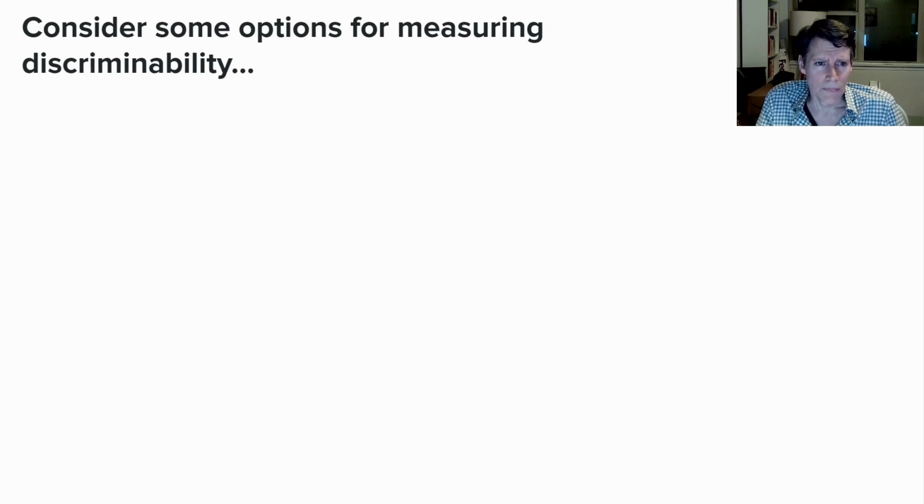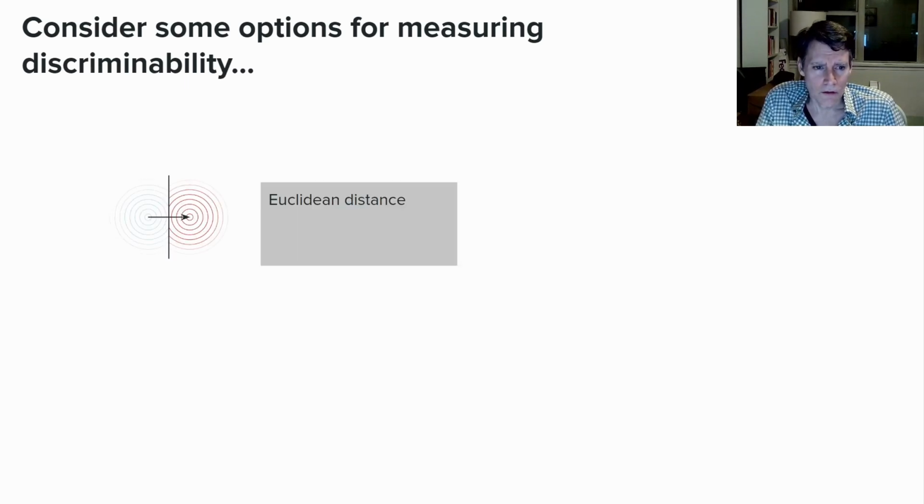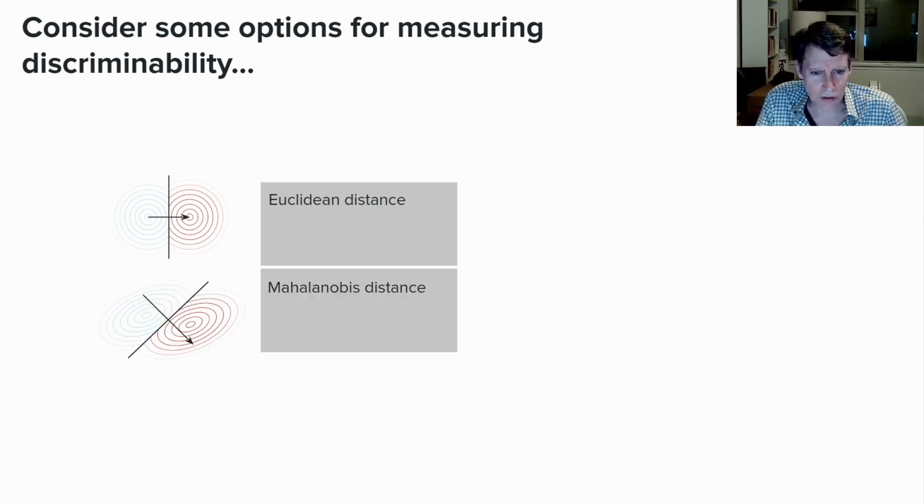So let's consider the bigger picture and let's consider some options for measuring discriminability. The first way of measuring distances that comes to everyone's mind is the Euclidean distance. And this would be a good choice if the noise distributions were isotropic. We've seen that a modification and improvement to the Euclidean distance is the Mahalanobis distance, which takes correlated noise into account and works well as long as the noise is Gaussian and there is equal covariance for the different patterns that we're comparing.